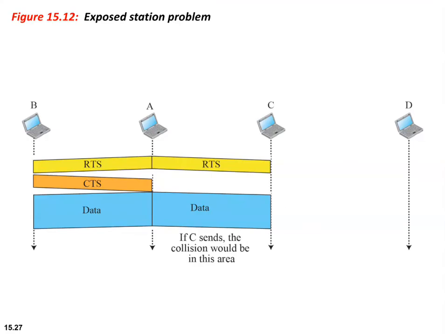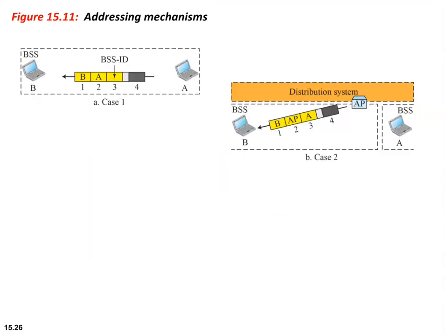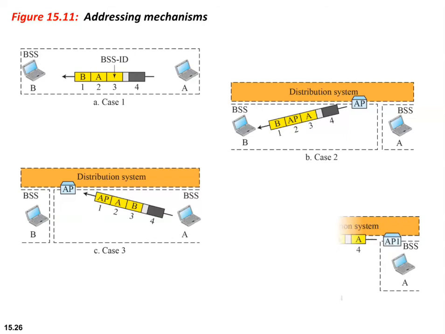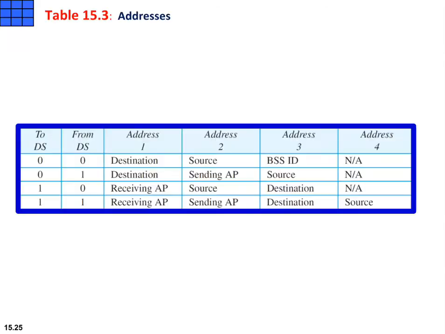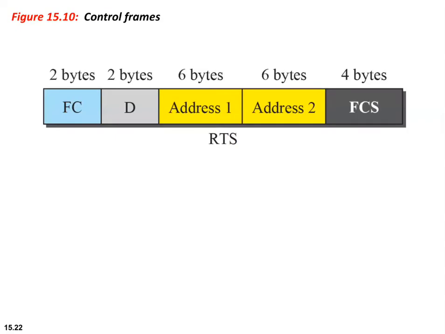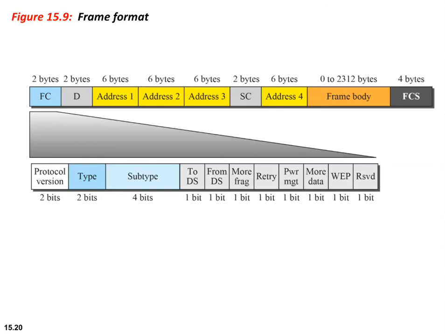So what we have seen here is the addressing mechanism. You have to remember, with respect to To DS and From DS of the frame format, that in the FC we have To DS and From DS. With respect to these values 00, 01, 10, 11, the addressing mechanism is explained, and the type and subtype fields, which you have also seen, should be remembered.